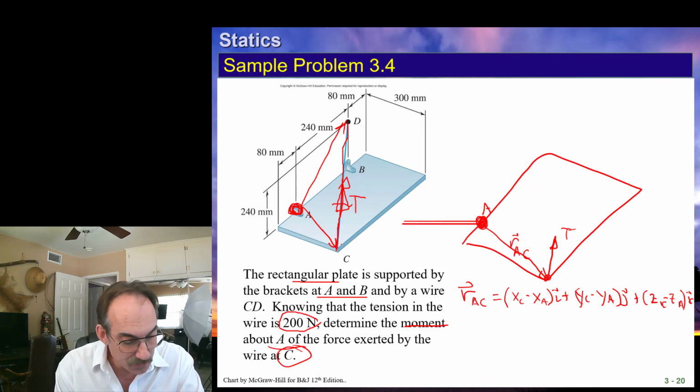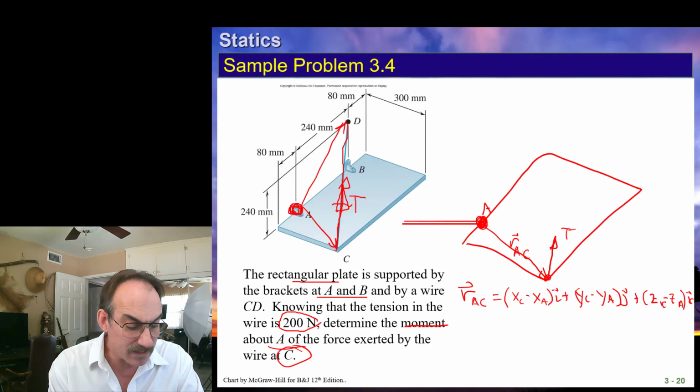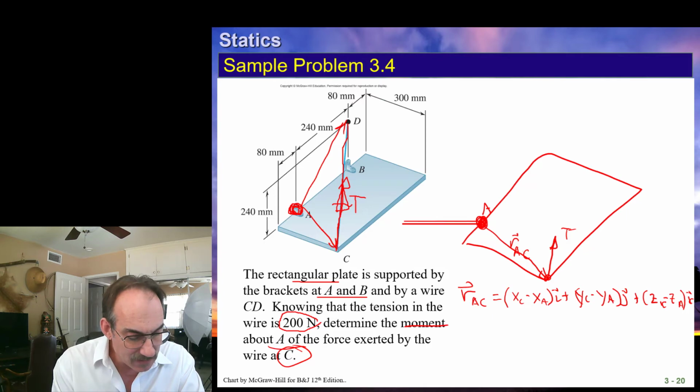Let's take a look at a coordinate system. Let's make the coordinate system right here. We'll say this is x, this is y, and by the right-hand rule, x going into y, this is z.